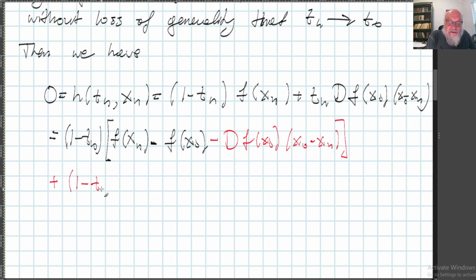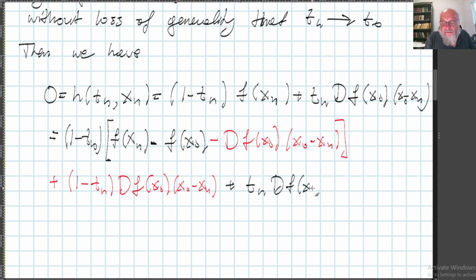And then you have here df of x naught minus xn, and then still we have tn df of x naught minus xn, and you see something cancels. This and this cancel. So I can rewrite it down.